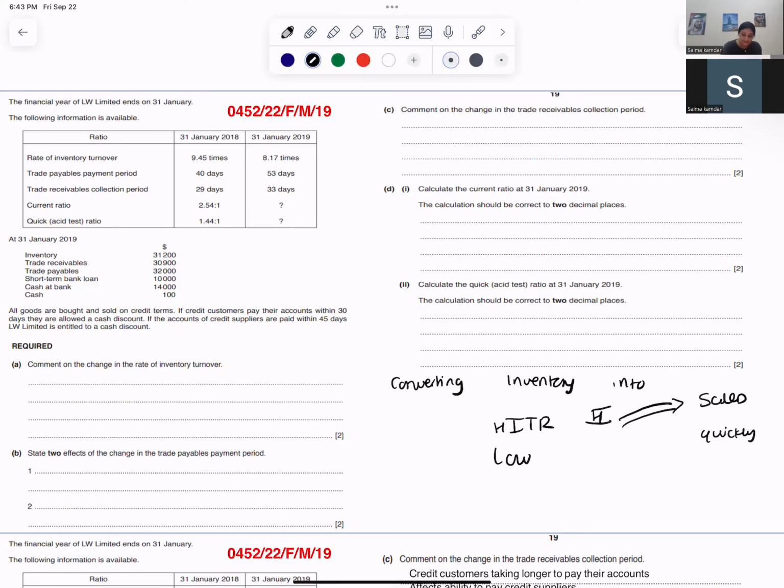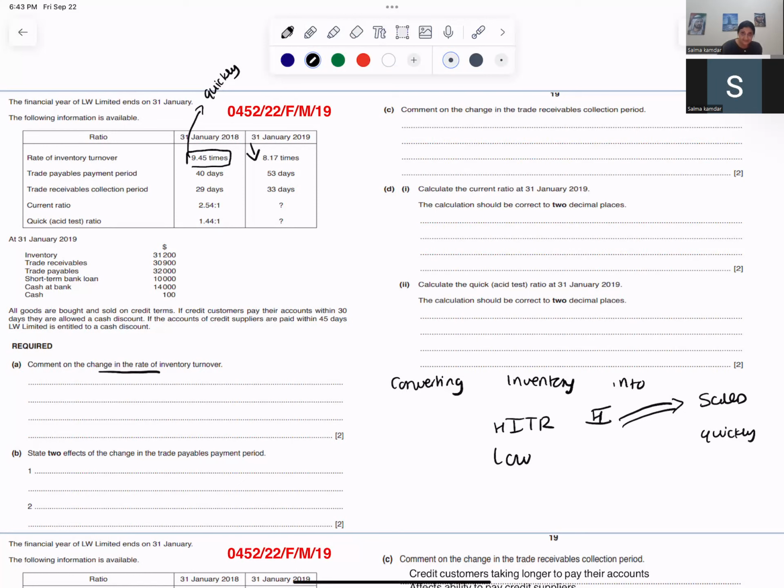Now, if I see over here, last year, my inventory turnover ratio was 9.45 times. And the inventory turnover ratio has reduced from 9.45 to 8.17. That means last year, my goods were sold more quickly compared to the current year. So I need to comment on the change in the inventory turnover ratio.